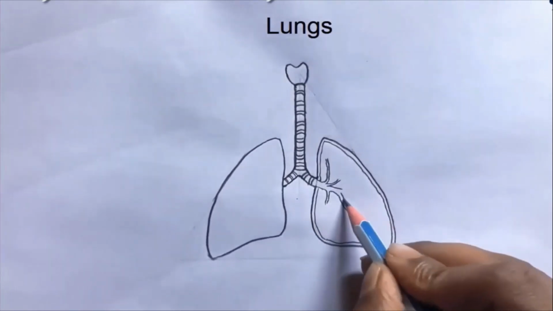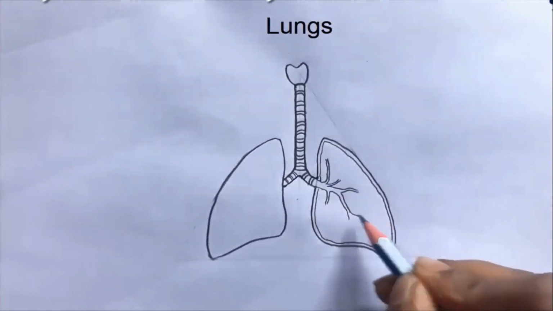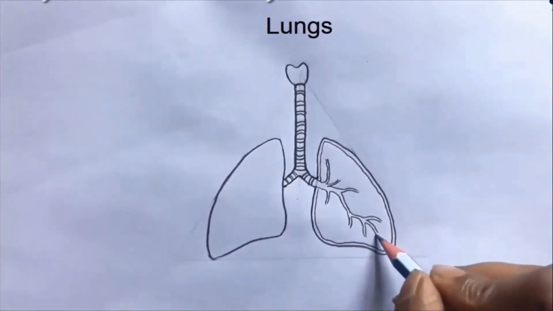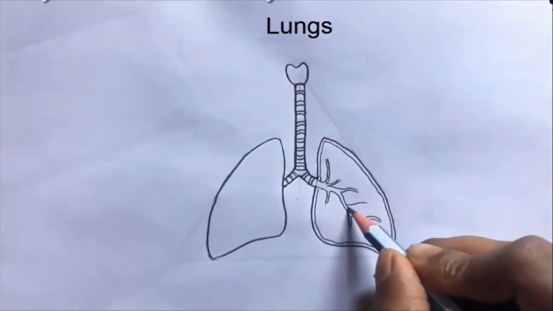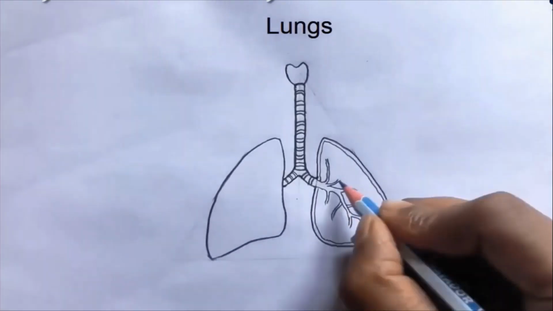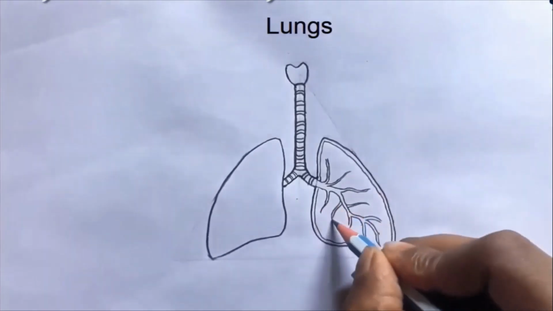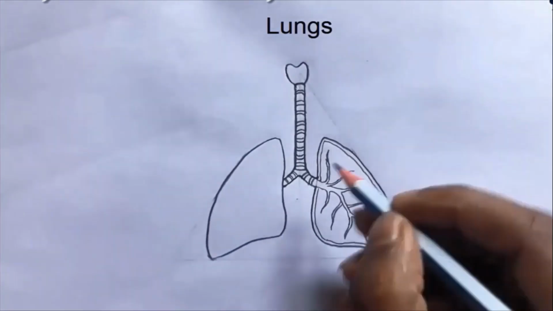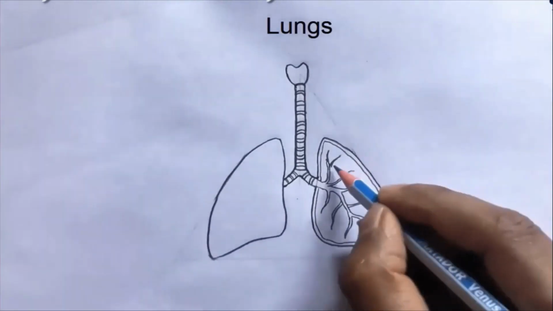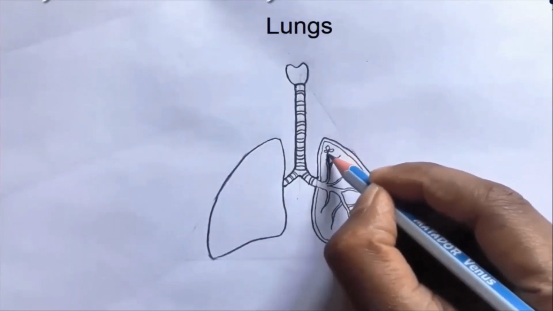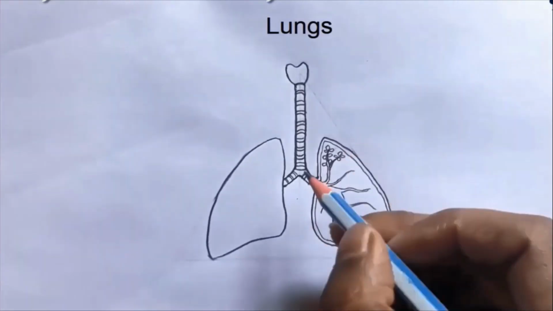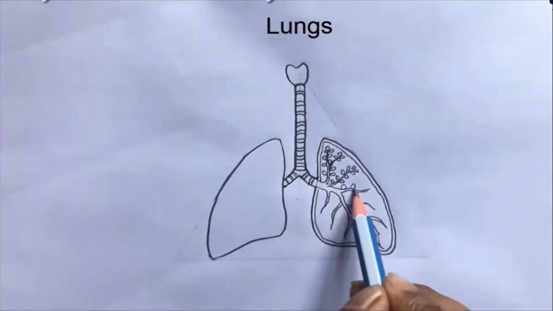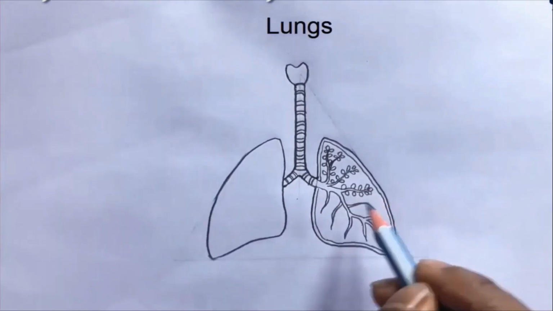The bronchus divides into different branches, which are called bronchiole. The end of the bronchiole carries alveoli, hair-like lip.